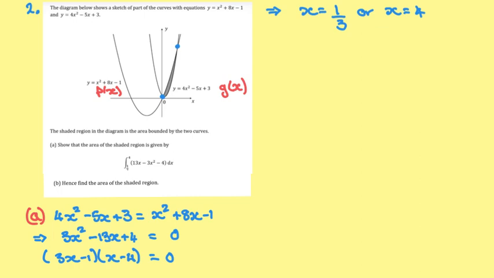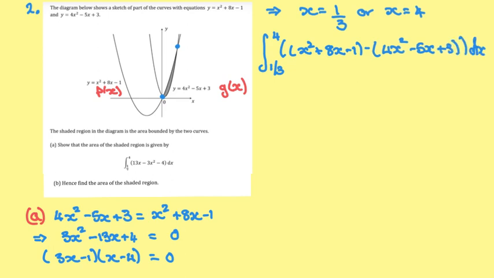I now have to set up the integral, so I get the integral between 1/3 and 4 of x squared plus 8x minus 1 subtract 4x squared minus 5x plus 3 dx, which gives me the integral between 1/3 and 4 of the function 13x minus 3x squared minus 4 dx.